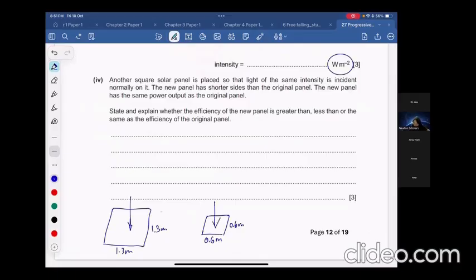They are producing the same output power. Both producing the same output power. What do you think about which one is more efficient? Is the new panel's efficiency greater, less, or the same? What do you think?